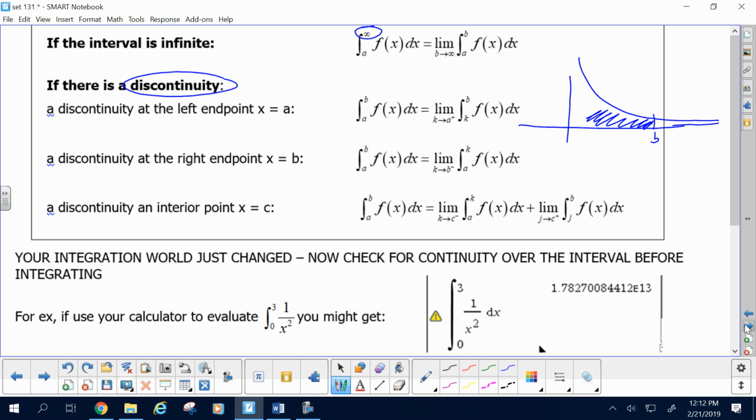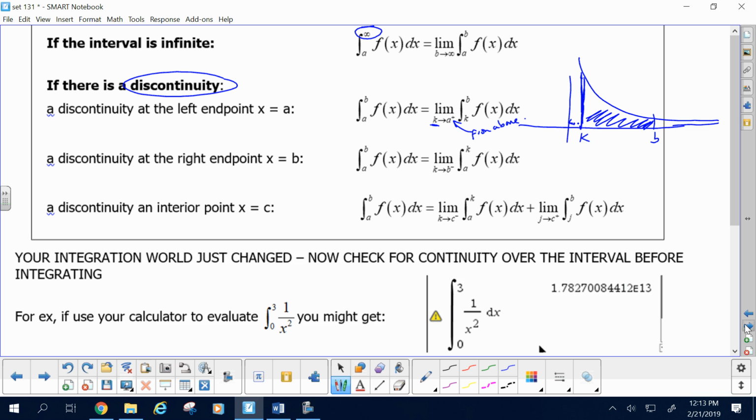Now, if that's the case, then you create an arbitrary endpoint, they're calling it K, and say what happens as K gets closer and closer to the asymptote. Notice it's from above. That's going to happen when you have a left discontinuity.